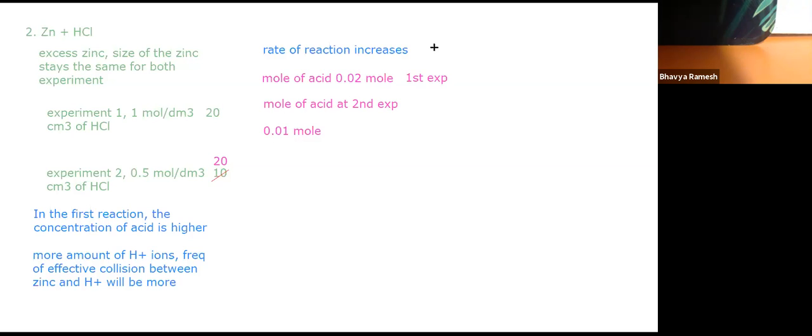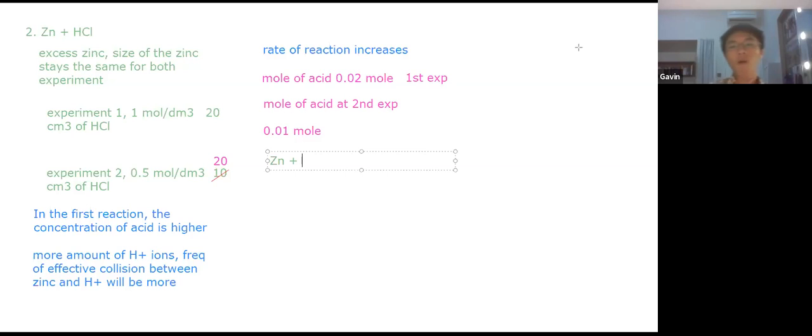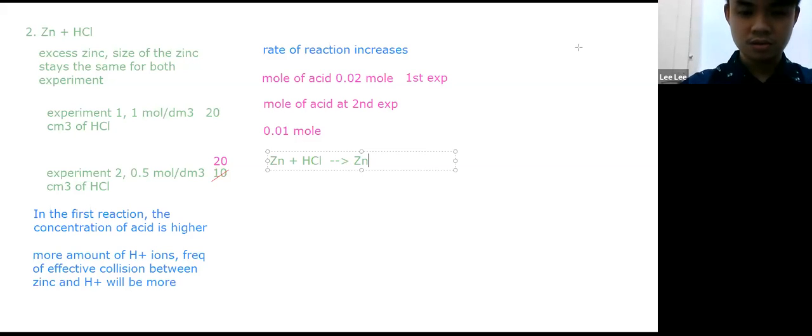So when you write the chemical equation just now, you have zinc plus HCl, right? Becomes ZnCl2 plus H2, isn't it?